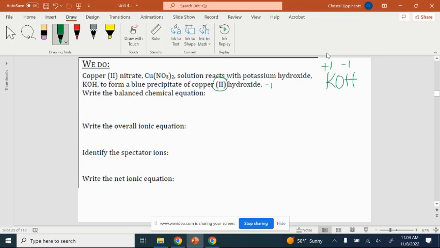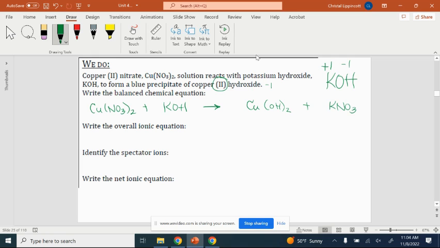So we gotta put a 2 in front of there. And then, because now we have 2 potassium, we need 2 potassium on the other side again, so you gotta put 2 in front of that. And then there's 2 nitrate, and there's also 2 nitrate on the other side, so we're all balanced.